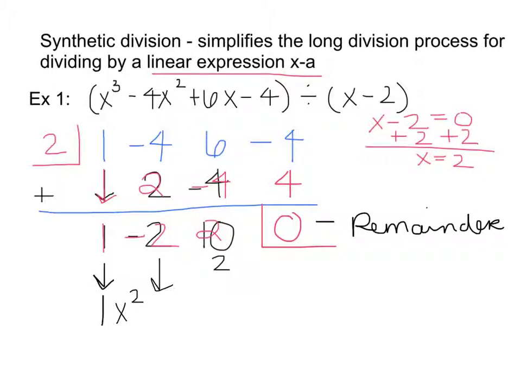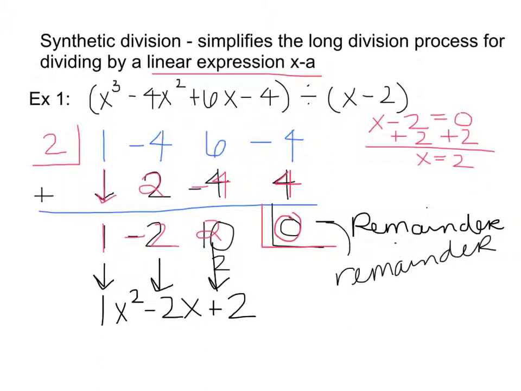Bring down the next coefficient. 1 less than x squared is just x. Bring down the last coefficient, and you have plus 2. So when you take x cubed minus 4x squared plus 6x minus 4, and you divide it by x minus 2, you get x squared minus 2x plus 2 as your answer.